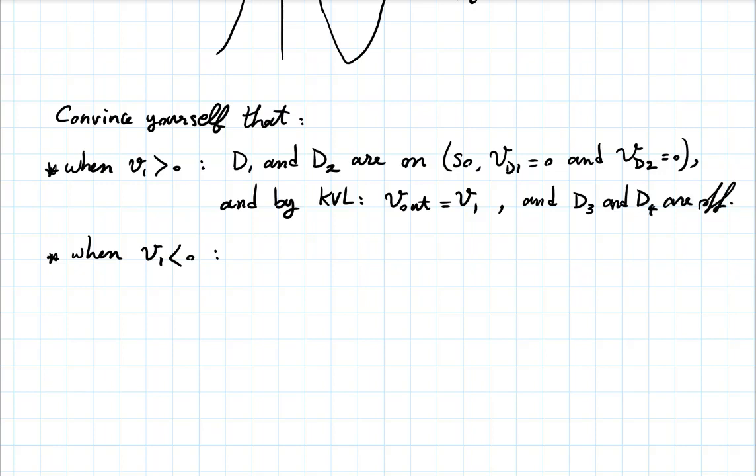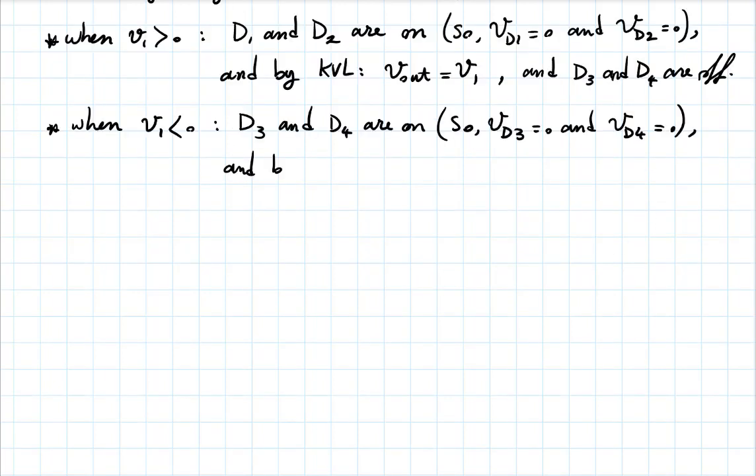On the other hand, when V1 is less than 0, D3 and D4 are on. So VD3 equals 0 and VD4 equals 0. And by KVL, Vout equals minus V1.